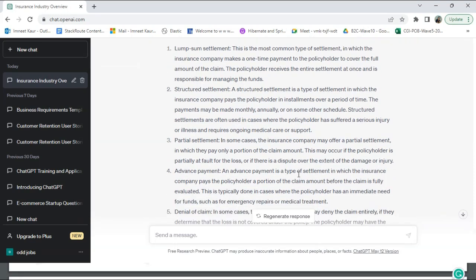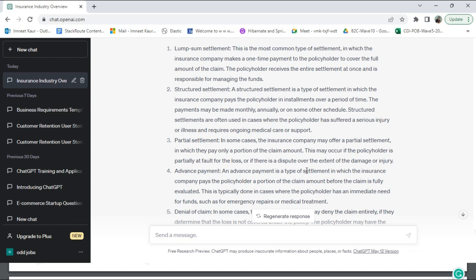So this response has talked about lump sum settlement, structured settlement, partial, advance payment, denial of claim, and so on. So it has given us an in-depth analysis of the claim settlement process, how it looks like.